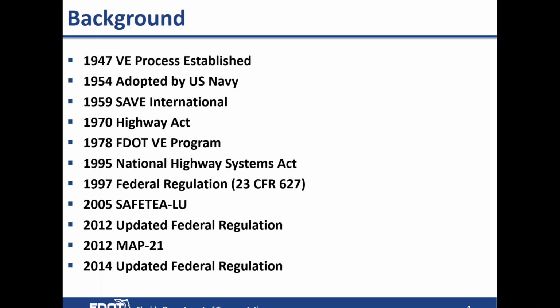So background on VE. The VE process, as mentioned in the video, was started in the late 40s. It actually started earlier than that, but was formally established as a process in 1947. And it was as a result of what was happening with World War II.